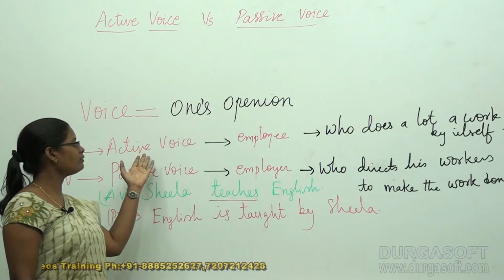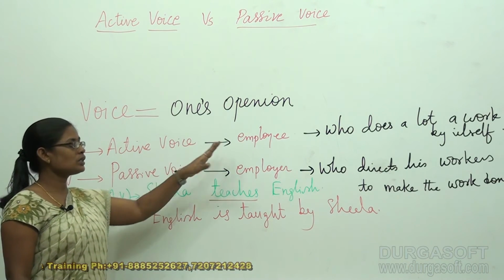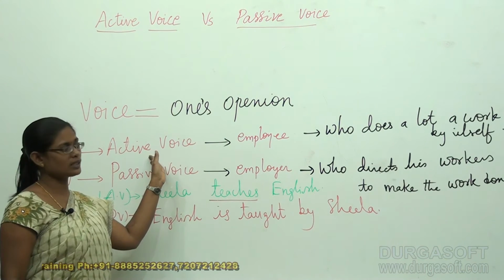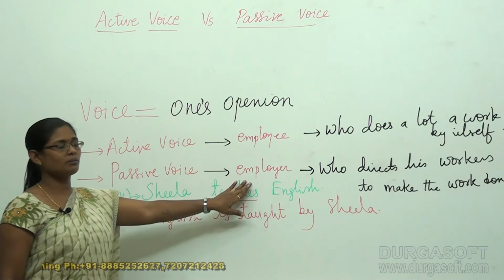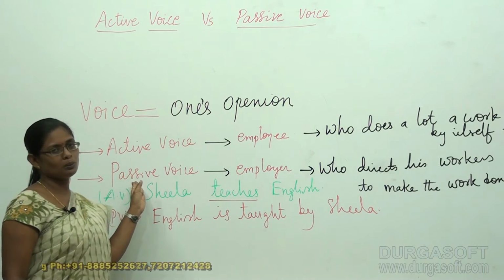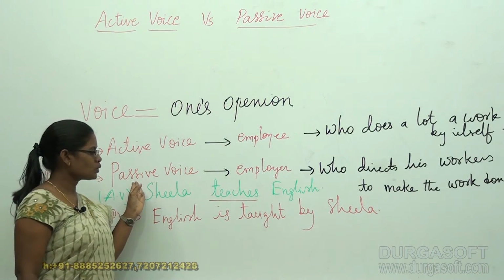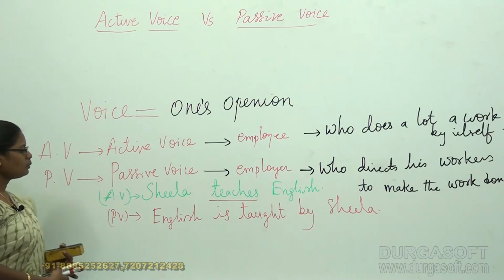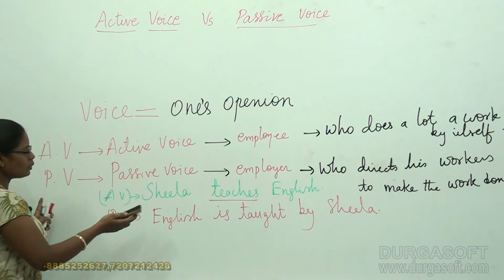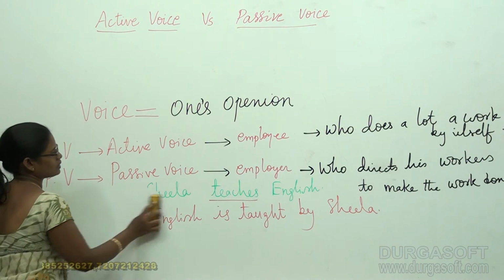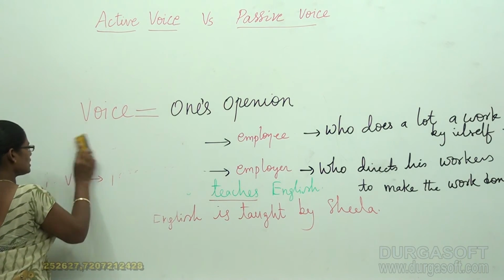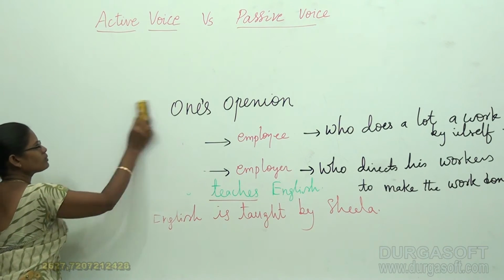That is why we have given this particular name to active voice, and the employer name to passive voice. So now let us understand how a passive voice is formed.